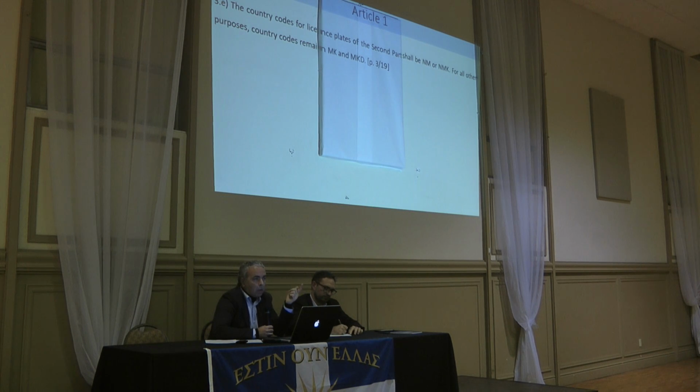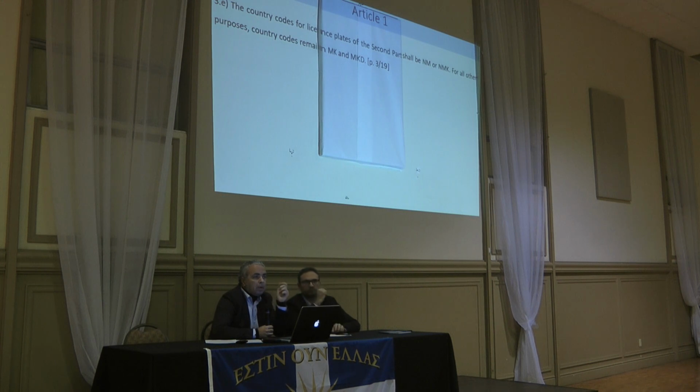Now we have erga omnes, which means in fact that we should have the same name for everybody. But even in Article 1, paragraph 3, you can see that the country codes for license plates of the second party should be, you see the code, but for all other purposes, country codes remain the same.